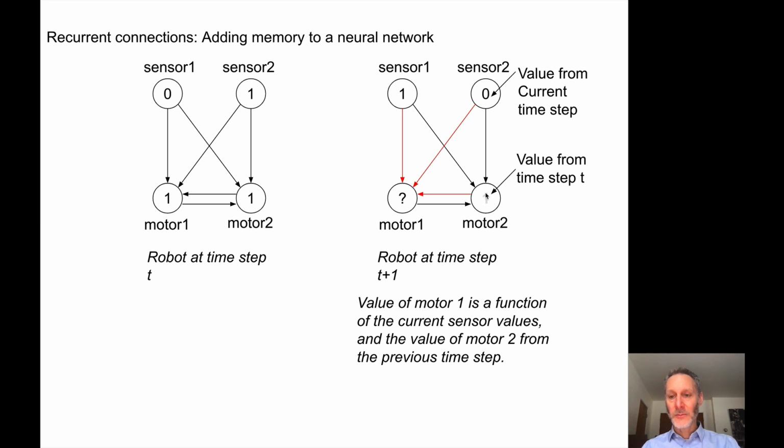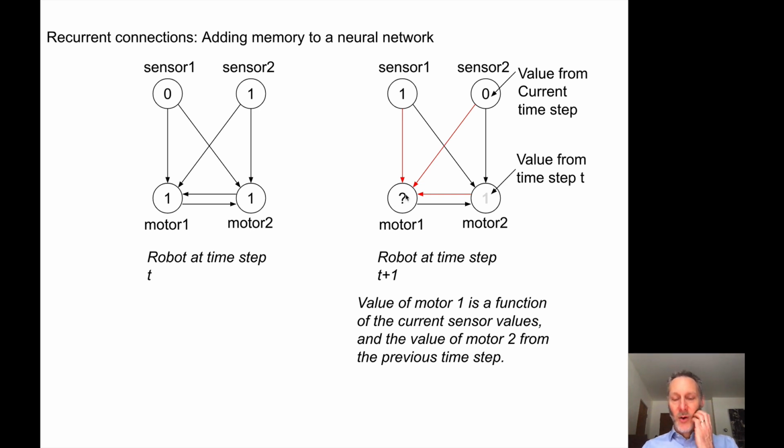So what do we do? We reach backward in time to time step t, and we get the previous value of that neuron. So it's the current value of this sensor times its synapse, the current value of this sensor times its synapse, plus the past value of this neuron times its synaptic weight. Sum those three values, and that's the value of motor 1.